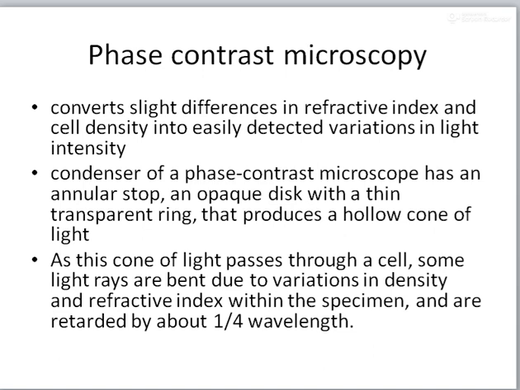The light which we put onto the specimen is also a hollow cone of light. So we'll see how this hollow cone of light is created and how the light is retarded by 1/4 wavelength in order to attain the high contrast obtained in phase contrast microscopy.